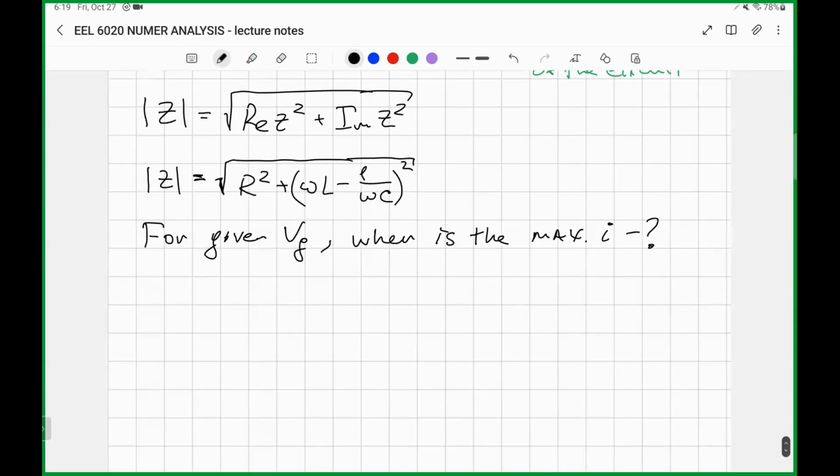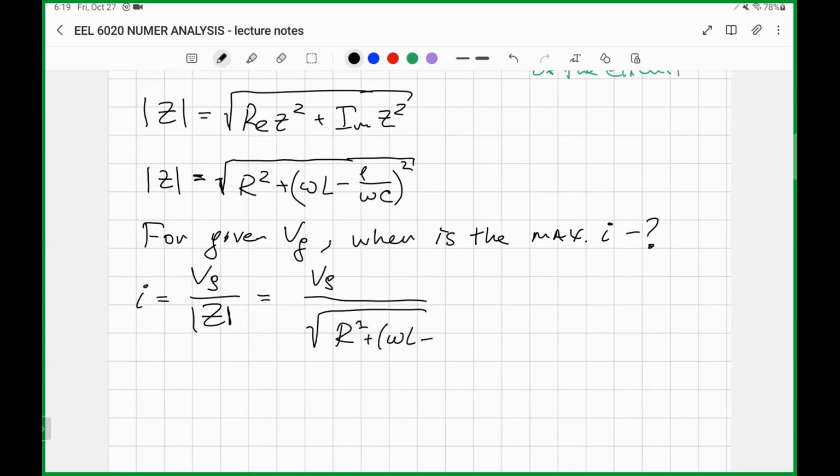Okay, so the current is equal to the voltage over the absolute value of the impedance, because I'm worrying about the absolute value of the current. And it's equal to voltage over the square root of R squared plus (ωL minus 1/ωC) squared, right?